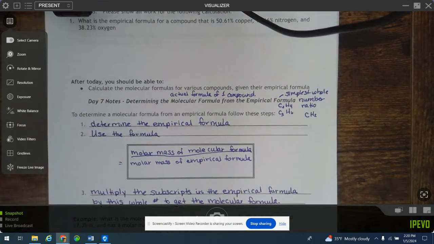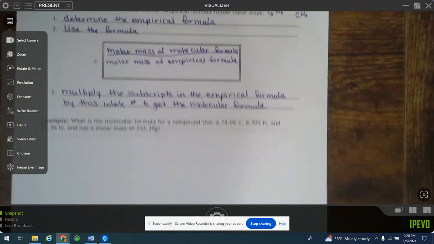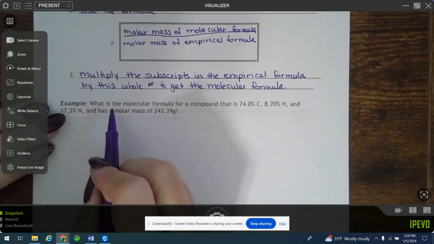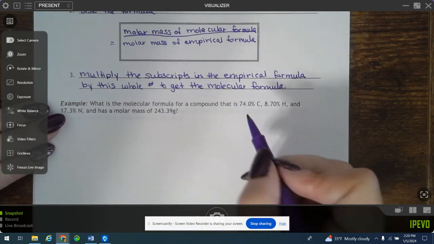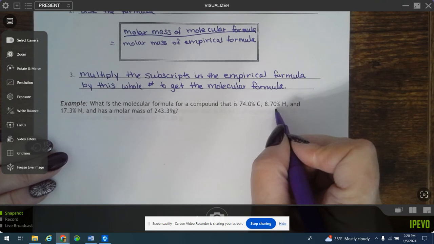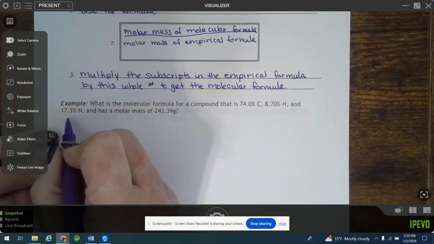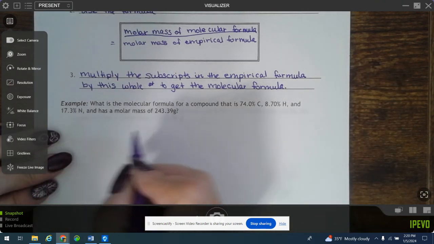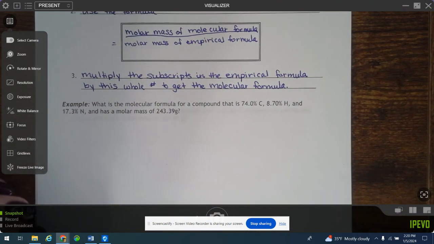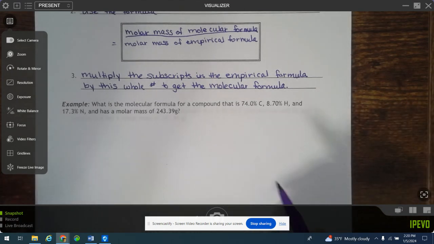Okay, so let's do an example. What is the molecular formula for a compound that has 74% carbon, 8.7% hydrogen, and 17.3% nitrogen, and has a molar mass of 243.39 grams? The first thing we've got to do is calculate the empirical formula.